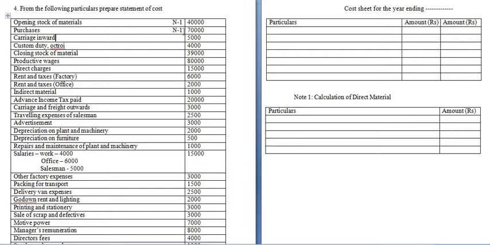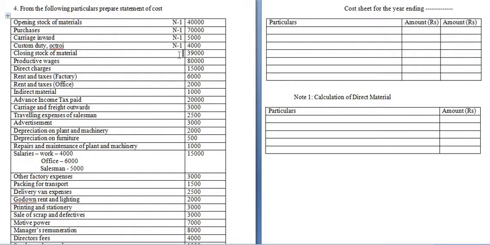Okay, then next, carriage inward. Now carriage inward, where it is taken, again note number 1. Why? Because at the time of purchasing the materials, expenses will be incurred. Okay, now next, custom duty octroi, again it is taken under note number 1.